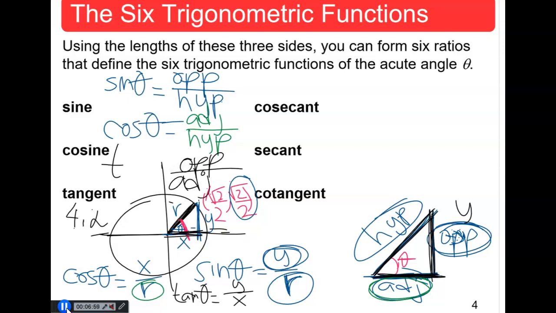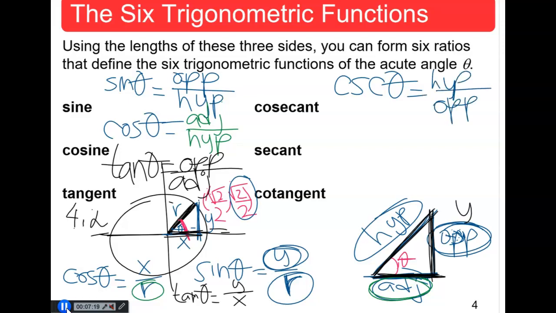And that is how we will find the tangent of this angle, theta. So remember, cosecant is the reciprocal of sine, so that will be equal to the hypotenuse divided by the opposite side.